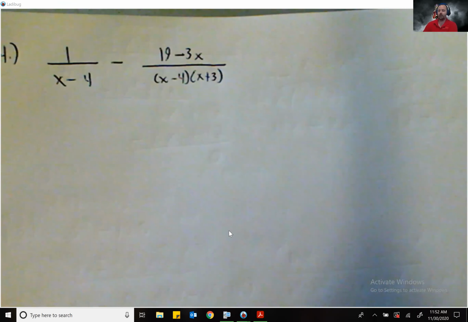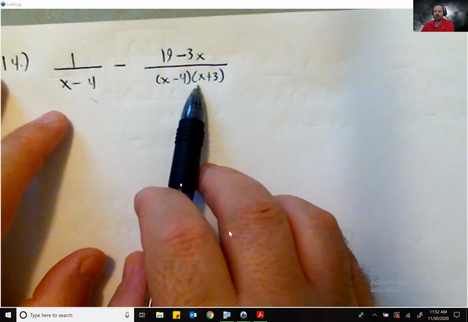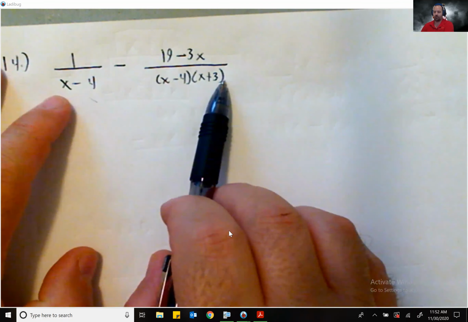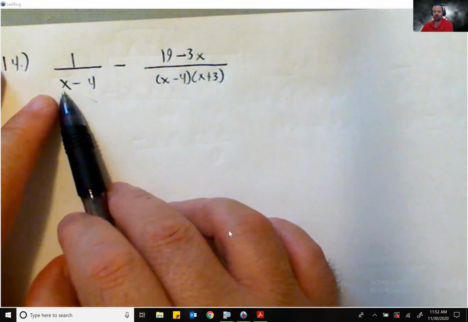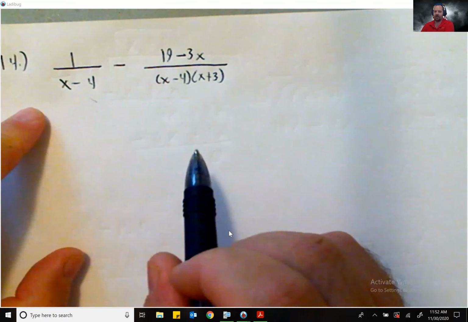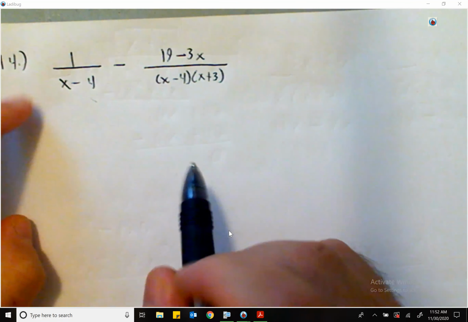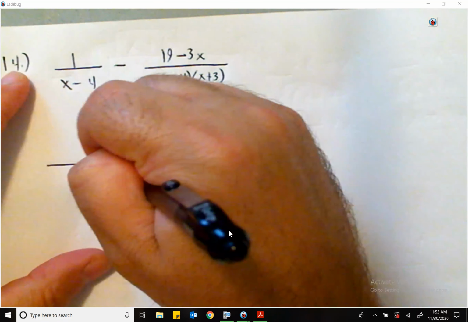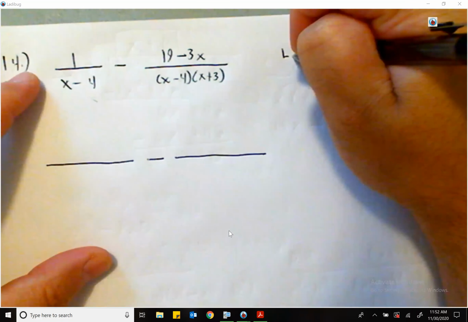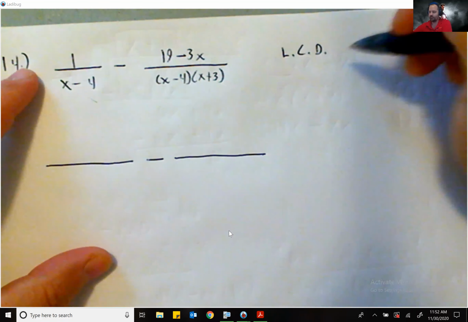So generally, when you're adding and subtracting rationals, what you need to do is make sure that all denominators are factored. Well, they've already done that for us. So in order to add and subtract, what do we have to have? Common denominators.